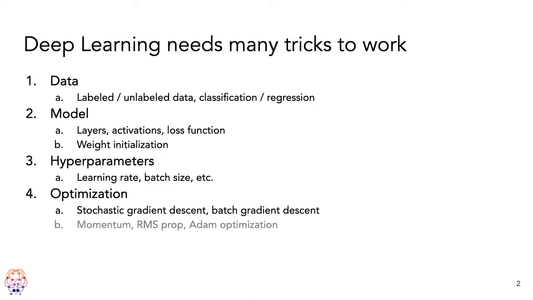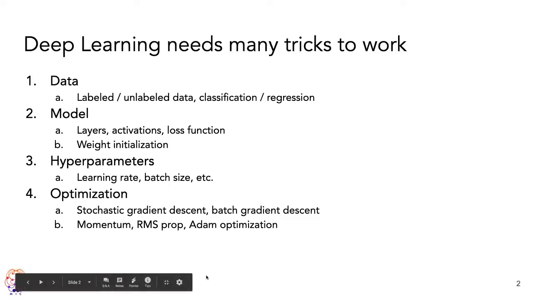And then you have momentum, RMSprop, and Adam optimization. There are more advanced methods in optimizing your weights. Momentum and RMSprop are two different methods, and Adam is basically the combination of these two previous ones.